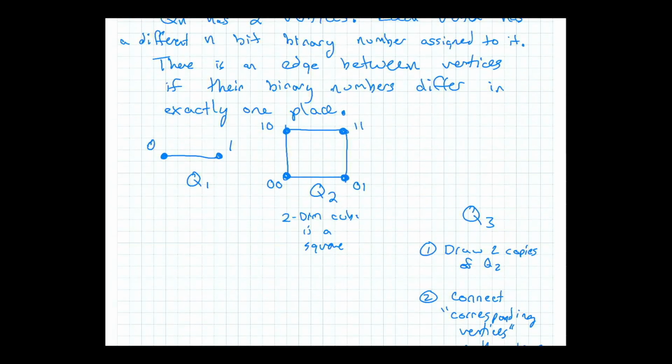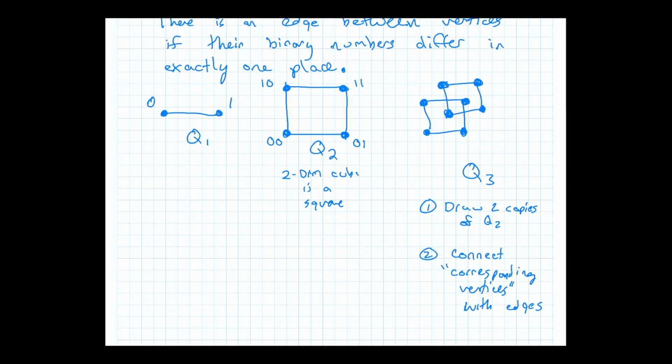So what I mean by this is you draw Q2. There's Q2, right? And then you draw another Q2, which, usually people draw it right here. Like that. So that's two copies of Q2. And then the edges that you add in are between corresponding vertices.